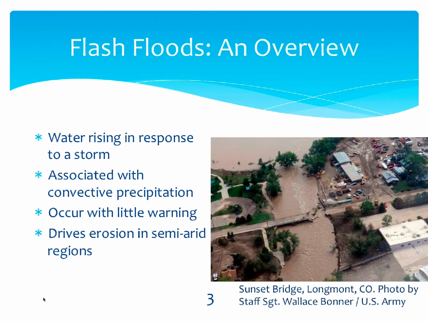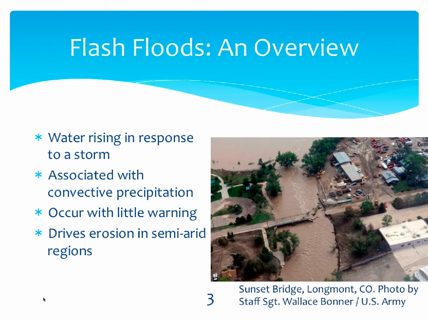Floods can be defined as water rising in response to a storm in a normally dry environment. A flash flood is a flood that rises very quickly in response to a storm. They're very dangerous because they occur with very little warning, and our main focus was them being the main driver of erosion in semi-arid regions.